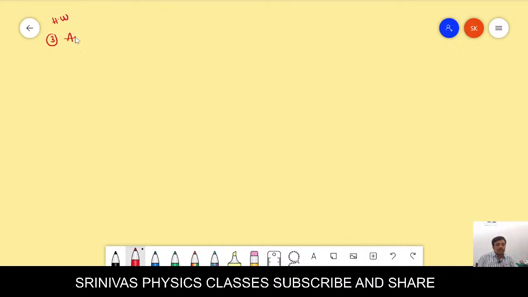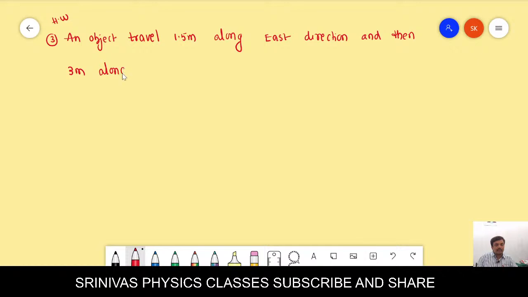Third question. An object or car travels 1.5 meters along east direction, and then 3 meters along south direction, and then 2.5 meters along east direction.